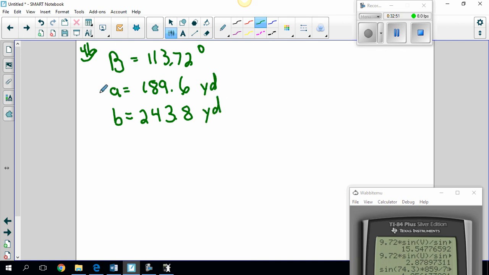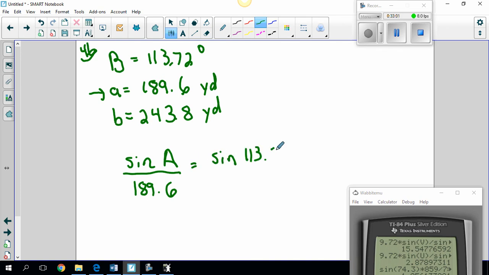So you're going to get after angle A, so sine A over 189.6 equals sine B over little b, 243.8. And you cross that up and you take a look, hoping that it goes above 1, below -1.